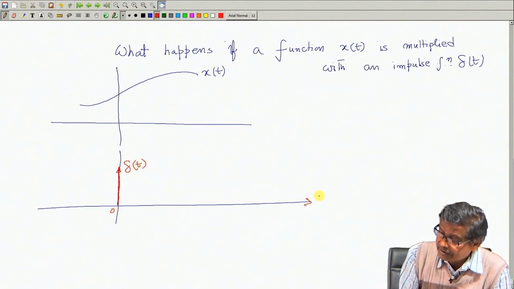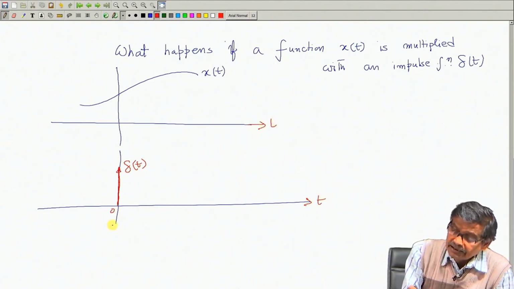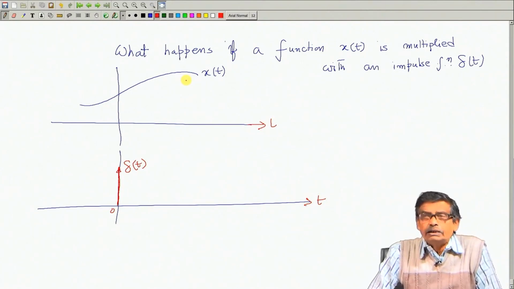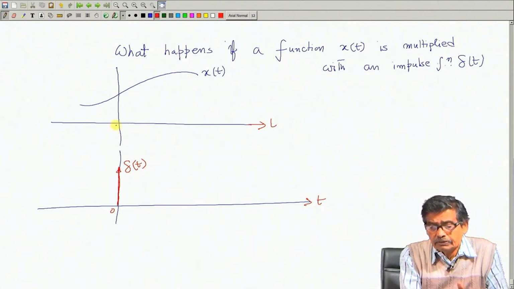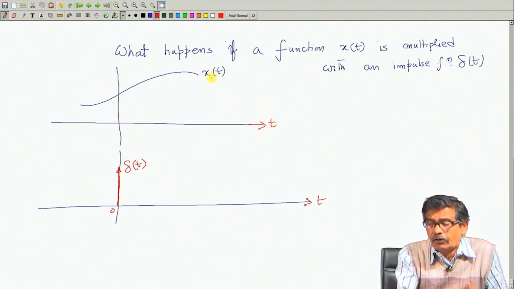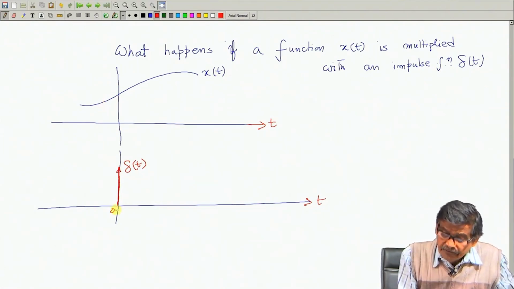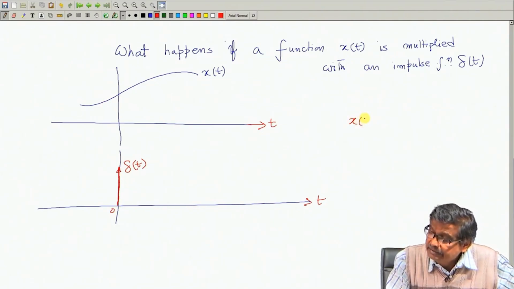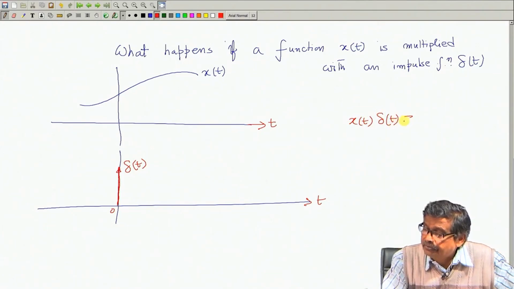These axes are the time axis. So, I multiply x(t) with delta(t). We have seen that if x(t) is multiplied with u(t), for t negative, whatever value of x(t) was there was discarded. And if I multiply this with delta(t), x(t) into delta(t), what do I get?